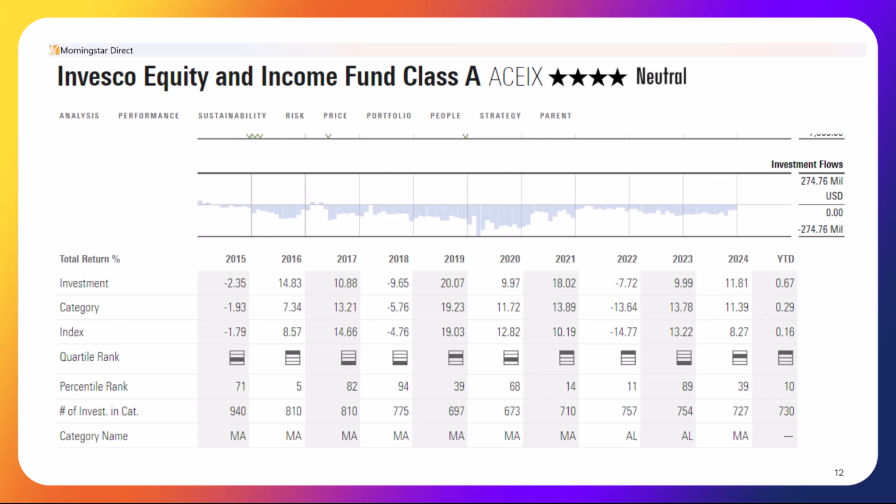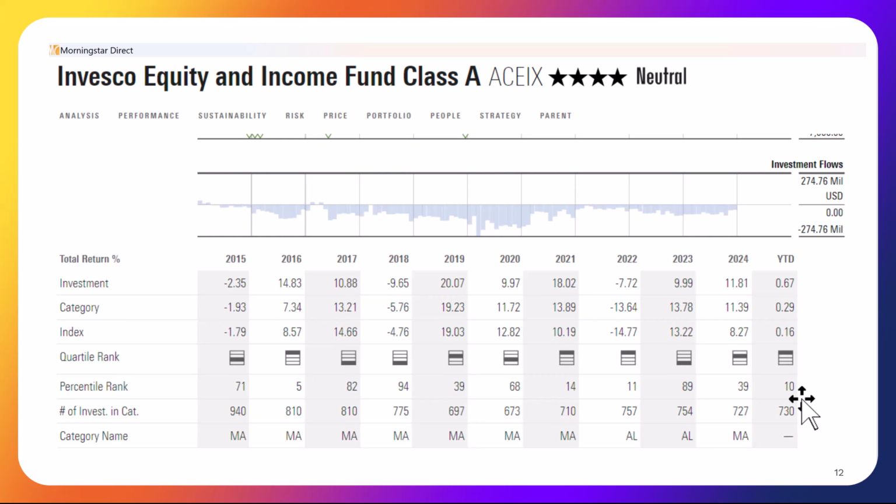We can also look at the percentile rank. You can see year to date, this particular mutual fund is in the 10th percentile. So what does the 10th percentile mean? If you think about it, there's 100% of the mutual funds. In this case, there are 730 of them.